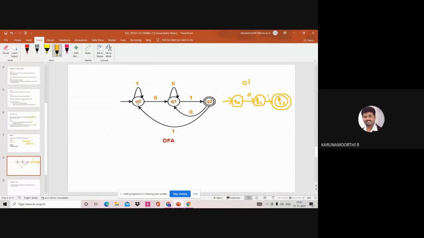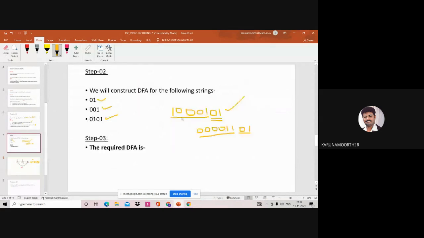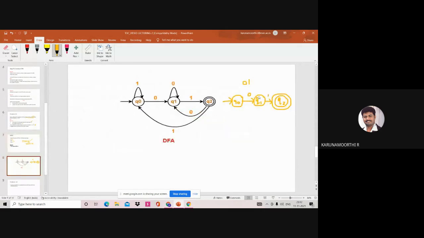Then what is the next string? 0, 0, 1. Where do I want to put the 0? In case you put 0 over here, once you put 0 in the Q naught state itself, this is not a DFA, this is an NFA.